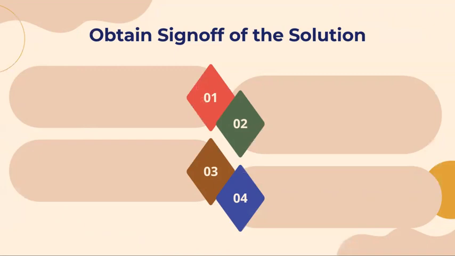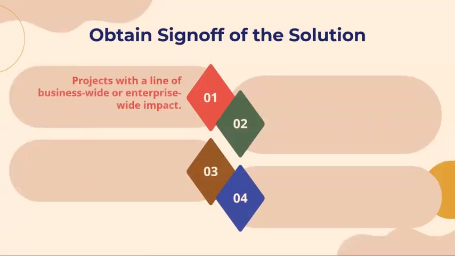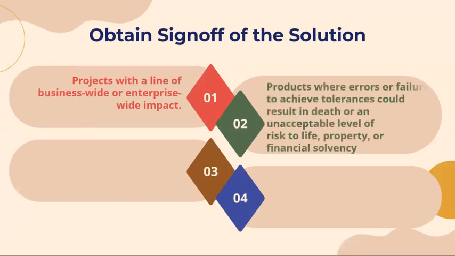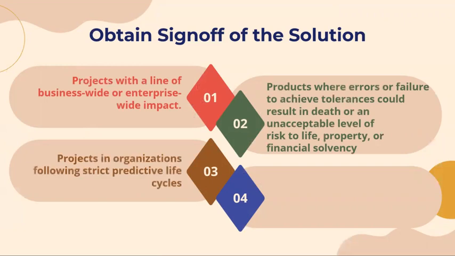But if there is a formal sign-off, these are the characteristics: projects with line of business-wide or enterprise-wide impact, where errors or failure to achieve tolerances could result in death or an unacceptable level of risk to life, property, or financial solvency.